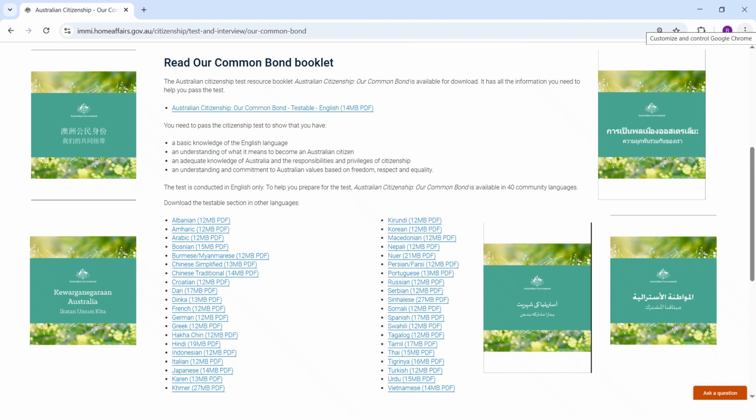And remember, Our Common Bond is available in 40 community languages. Check to see if your language is on the list. English language learners I've worked with have said that they've found it helpful to print a copy of Our Common Bond in English as well as their own language for study.